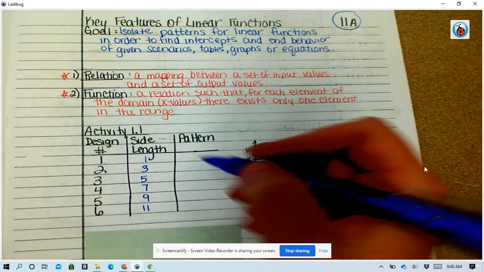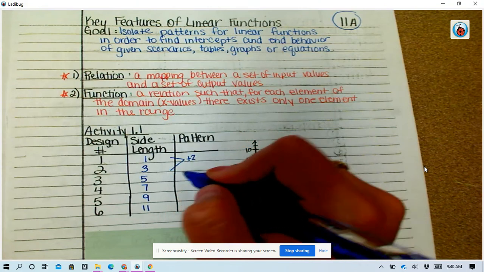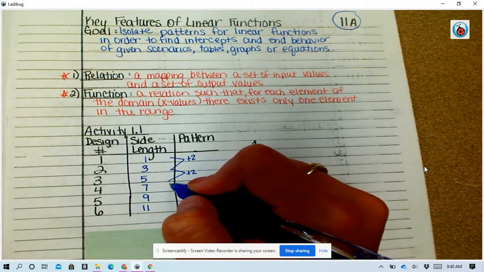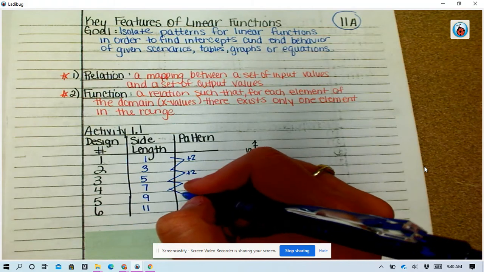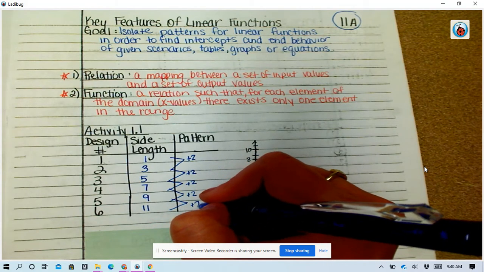So what's the pattern? To go from 1 to 3, we add 2. From 3 to 5, we add 2. From 5 to 7, we add 2. 7 to 9, we add 2. 9 to 11, we add 2.